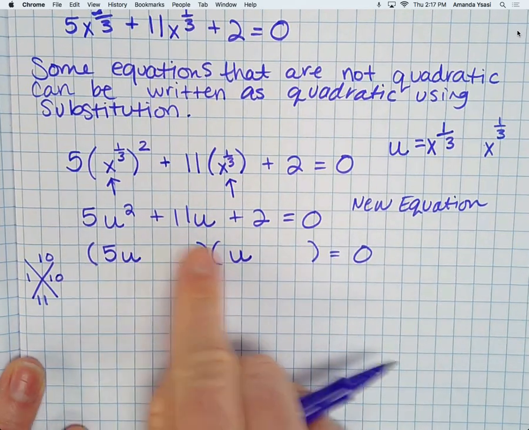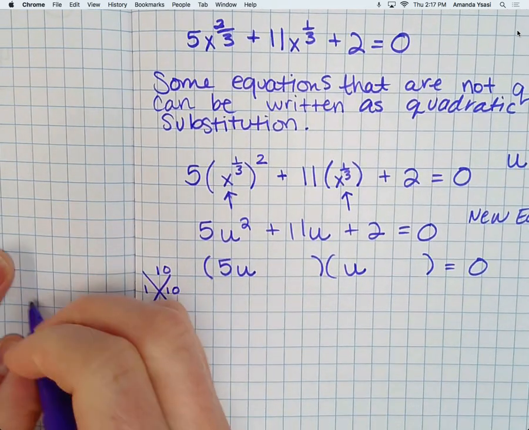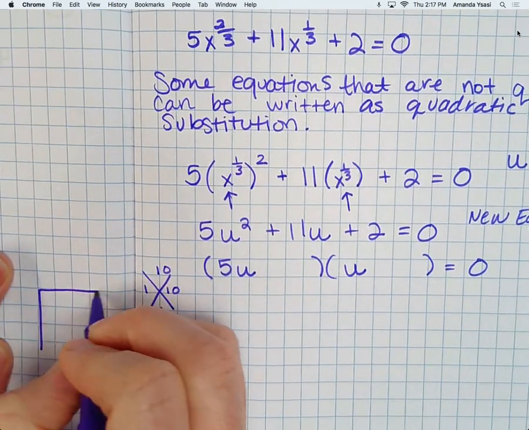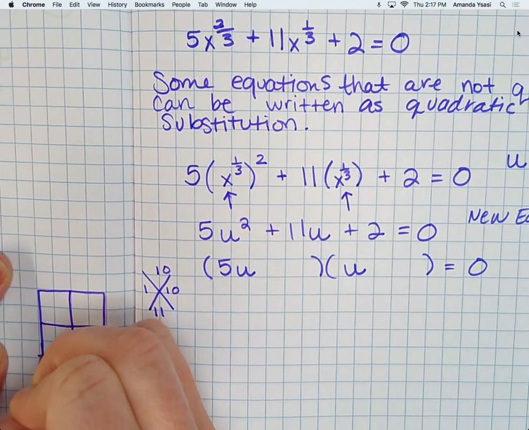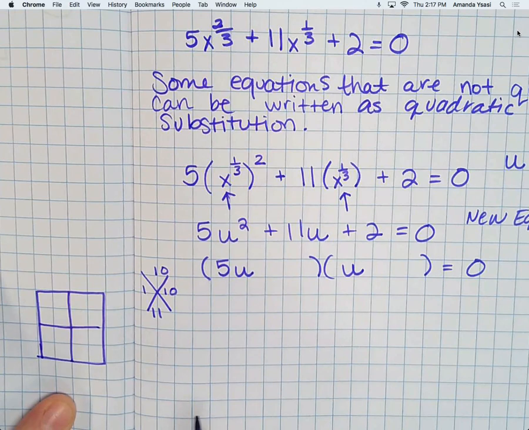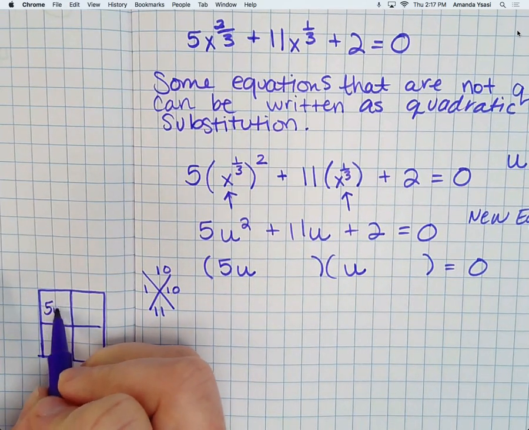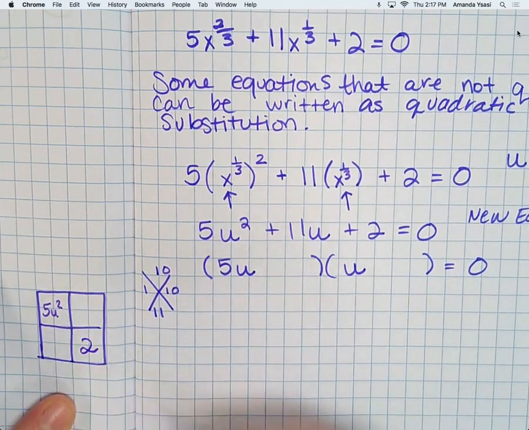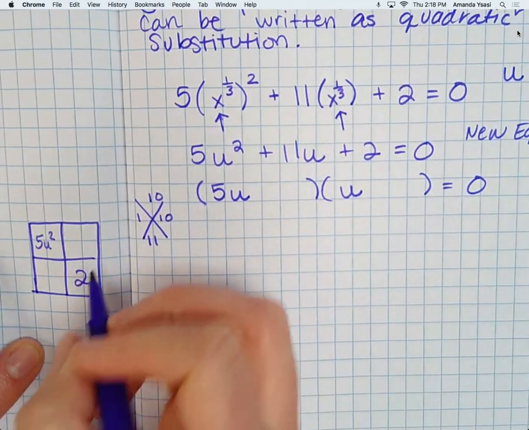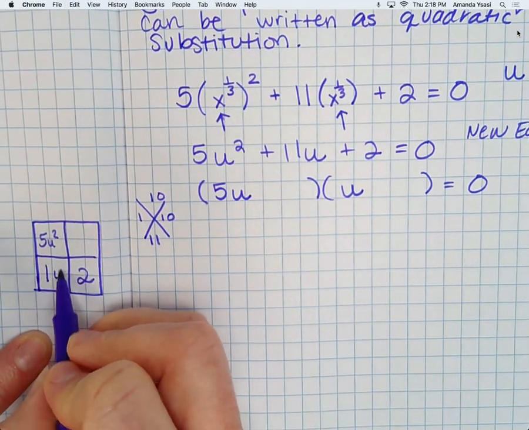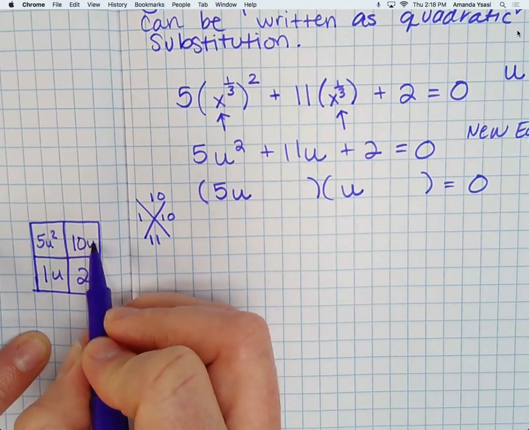And then to get these, I'm going to come over here and do it like this. You do your box. So this is 5u squared, and this is 2. And then you have a 1u and a 10u.